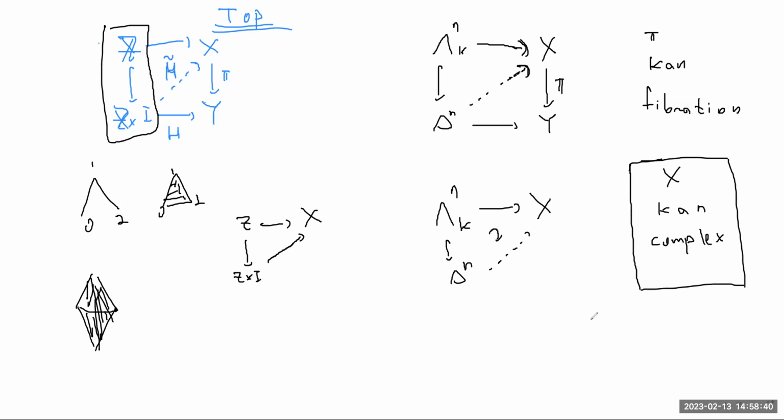Like for example, if we define the homotopy between two maps to be homotopic, we can define it in the same way: we take a product with Delta 1.